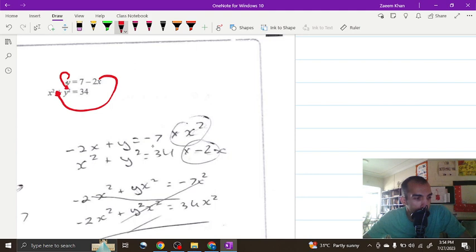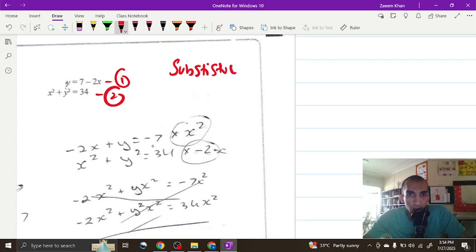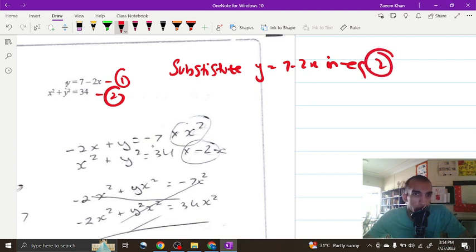So if I were to substitute, this is equation 1, this is equation 2. Substitute y is equal to 7 minus 2x in equation 2. Can you help me write that down?